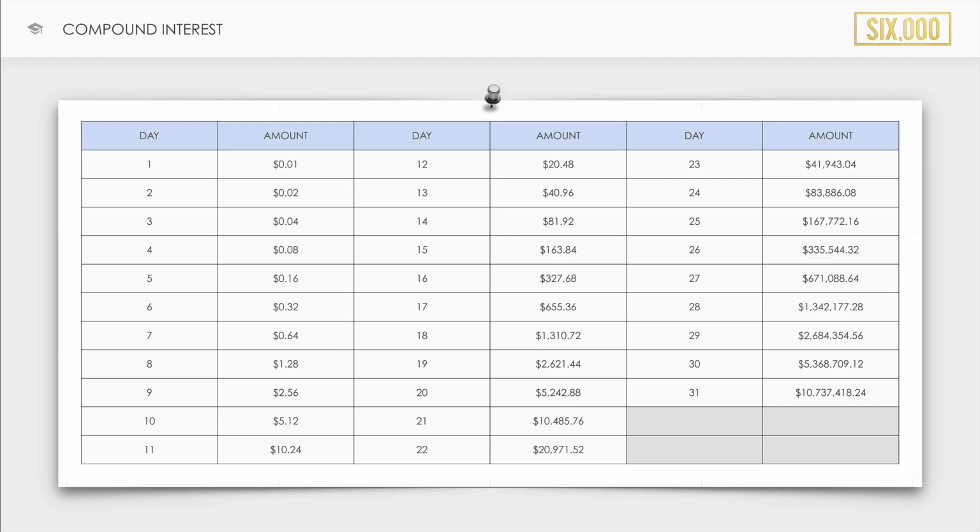Now at this point you're thinking, I've still got several days left, I'm now going to make more than $1 million. And it gets to day 28, 1.3 million. 29, 2.6 million. Day 30, 5.3 million. Day 31, 10.7 million. This is the true power of compounding.